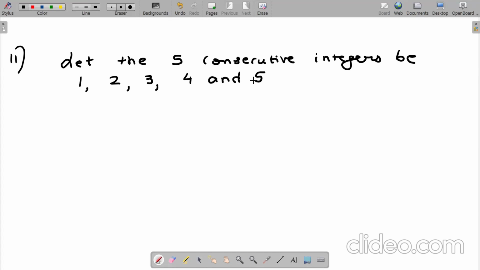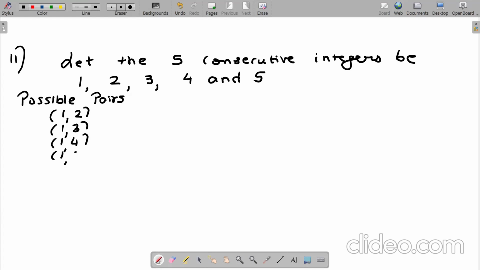Then, if I take any two distinct integers, what are the possible pairs I can have? My possible pairs are 1 2, 1 3, 1 4, 1 5, 2 1, 2 3, 2 4, 2 5.